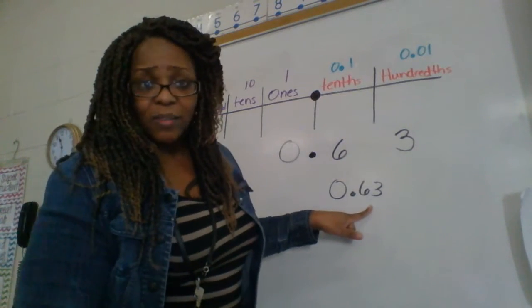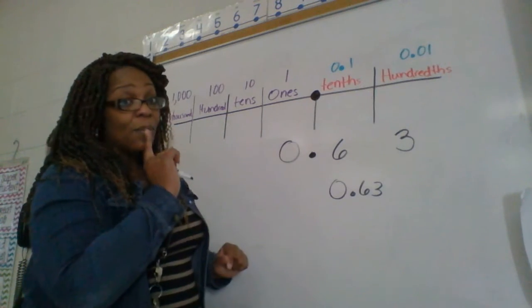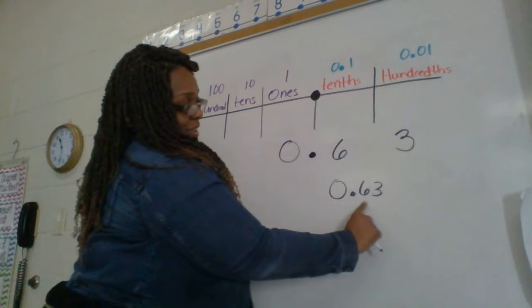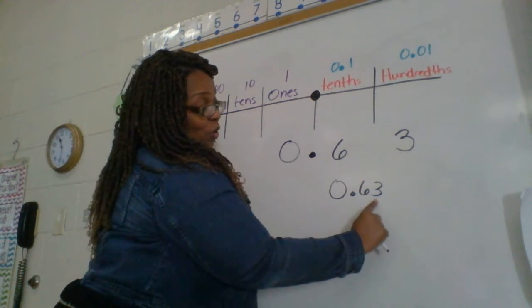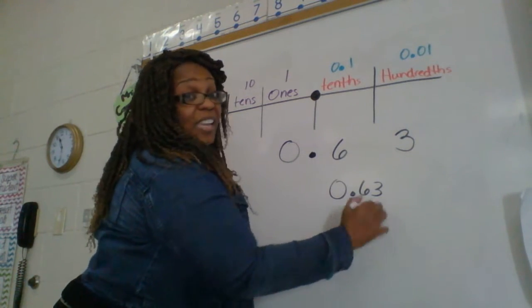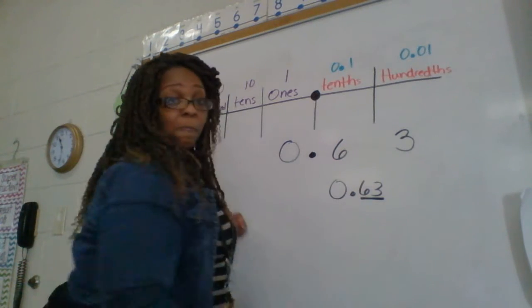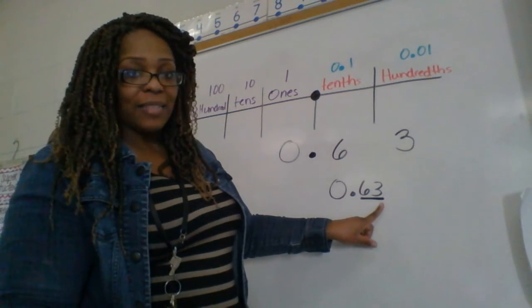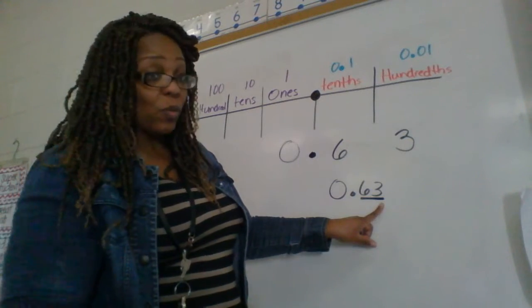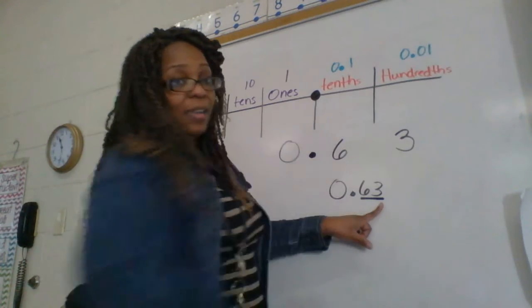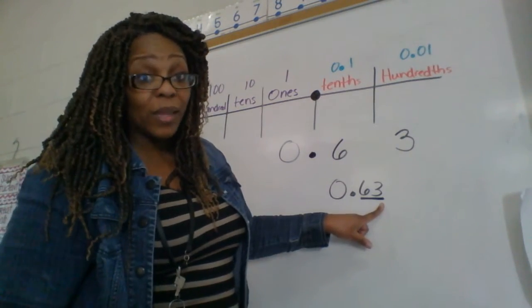Now, how would I write this as a fraction? First of all, think about how you say it. You say this number just like you would any other number if it was by itself. But look at the last place it's in. What is this last digit? What place is that in? It is in the hundredths place.